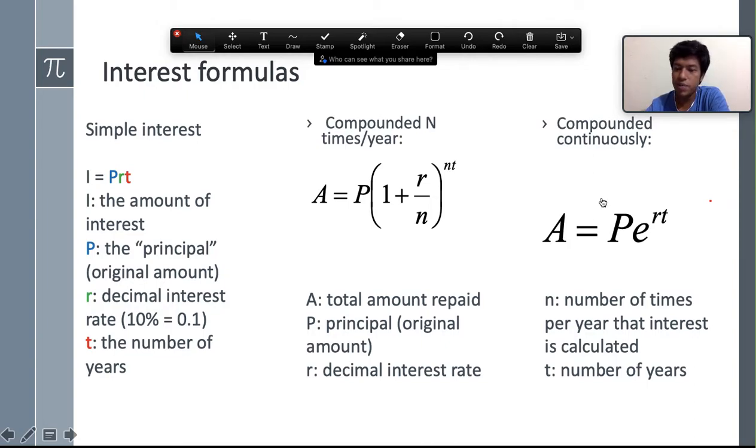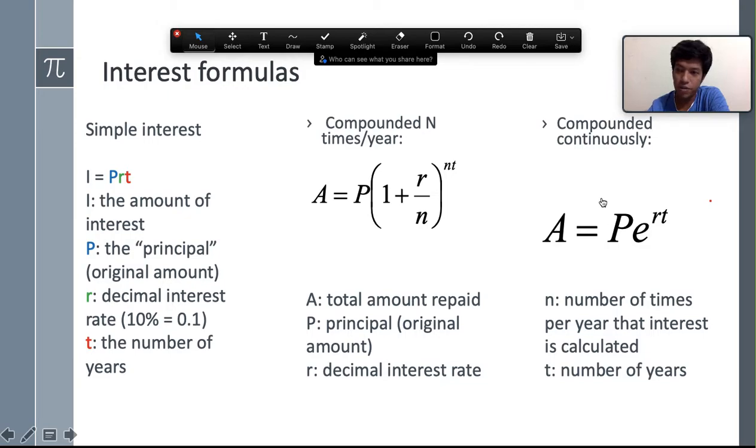Compounded continuously means, look at this crazy idea: instead of giving you the interest every 3 months or every 6 months, some bank tells you, "Hey, I will give you interest every day.